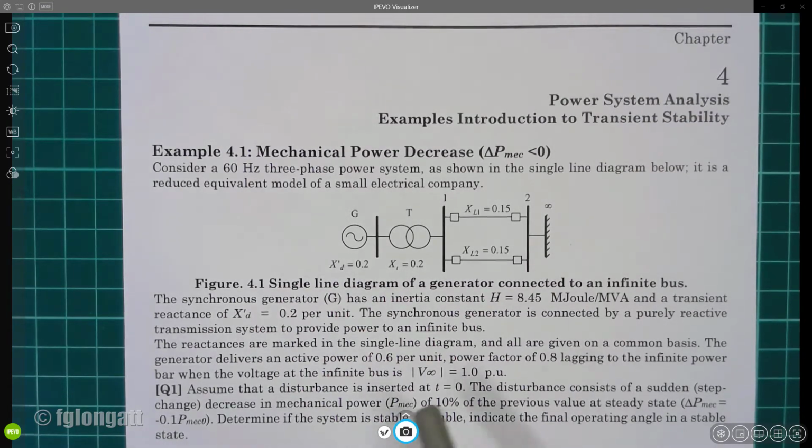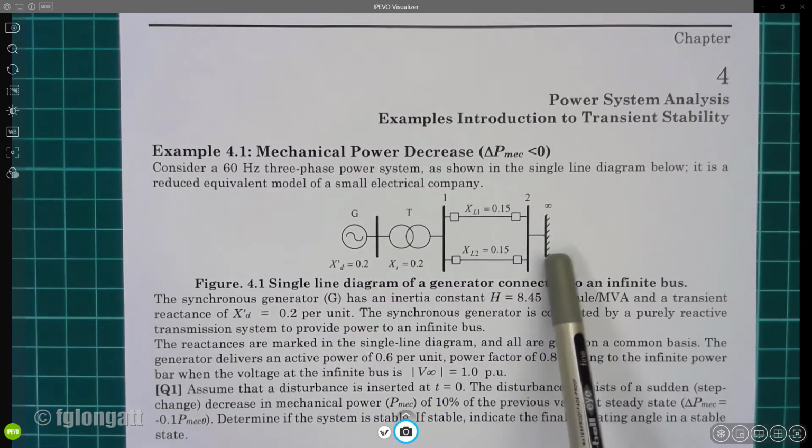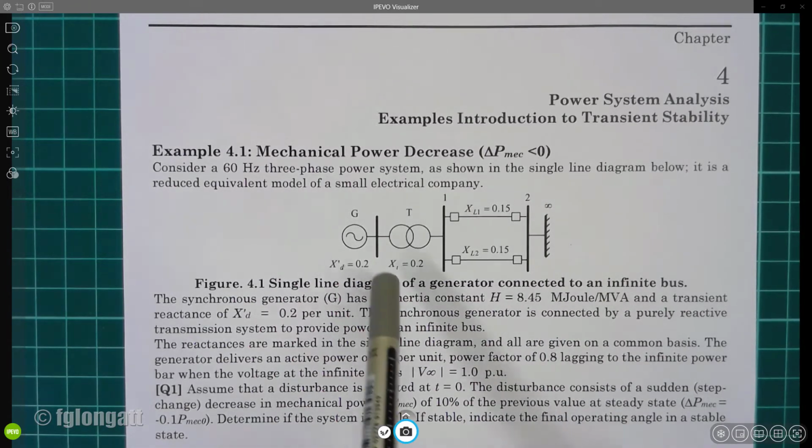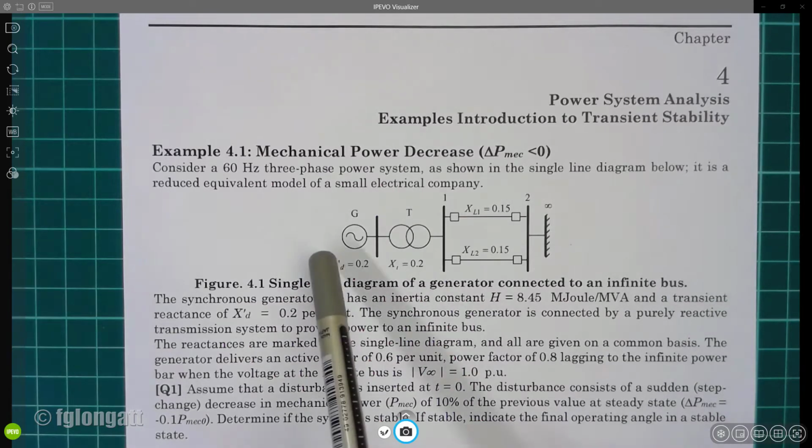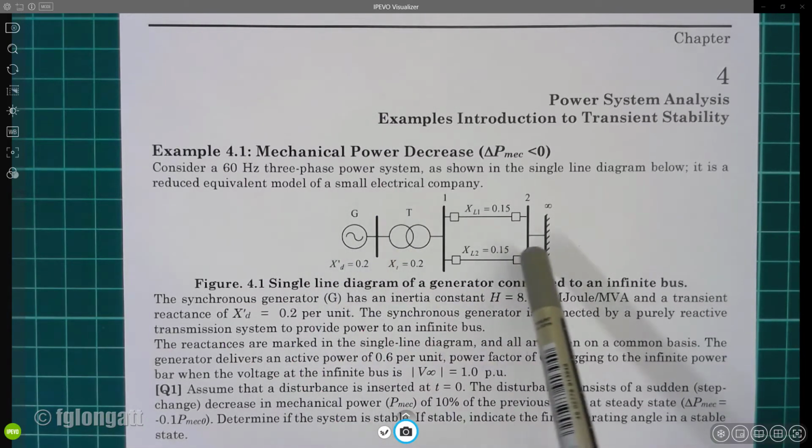Well, what this is telling you is that the power is here. In terms of active power, 0.6 will be the same from here to there, because there is no resistance in the middle and no active power losses. All the active power coming from here will go there. It's clear and simple.